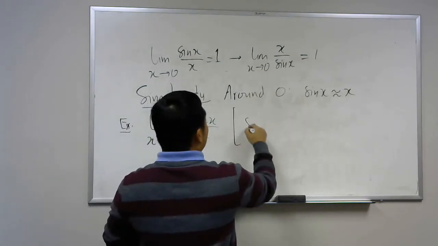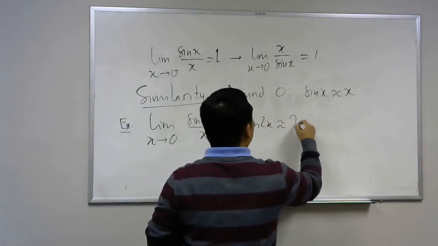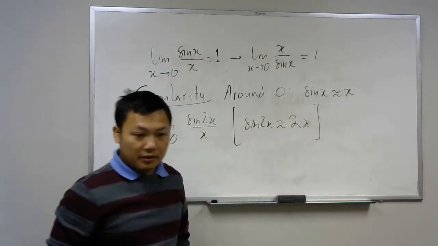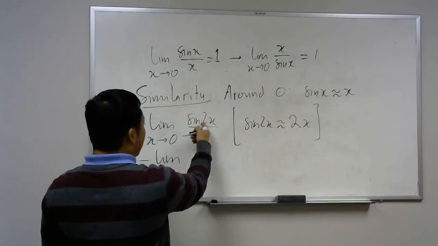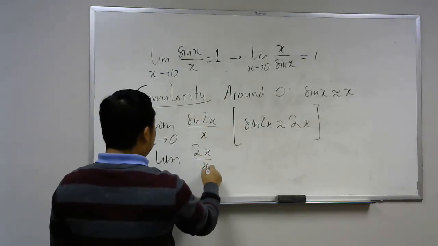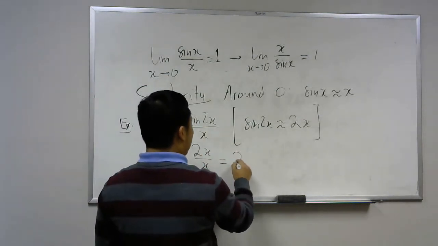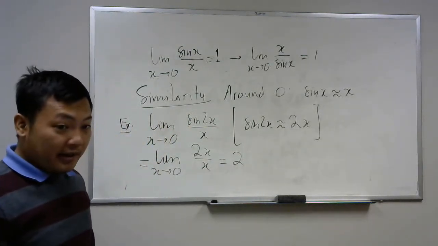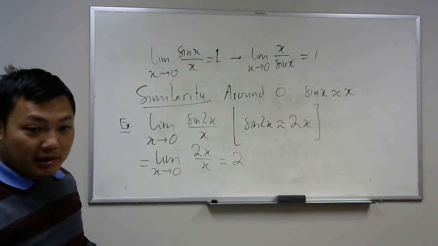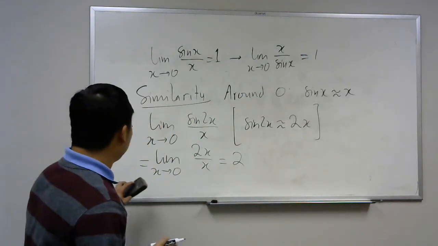So here, sine of 2x is similar to 2x, right? And that's why the limit is just equal to 2x over x when x goes to 0, which is 2. Done. All right, this is an easy example. Let's consider a more complicated one.